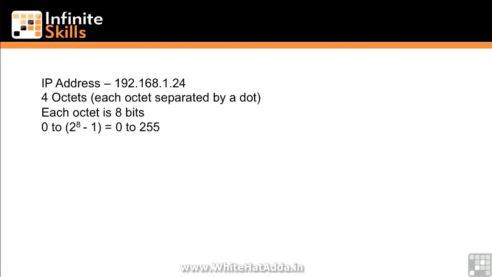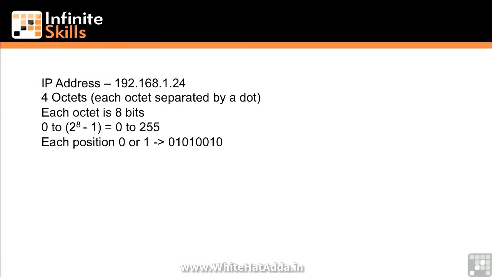So the 192 place, the first octet that you see, that number can be a value from 0 to 255 because that's what you can represent with 8 bits. Since 2 to the 8 is 256, and we have to start from 0, so the case where there are all zeros in the 8 bits, you can get values from 0 to 255 in each position, and that gives us 256 values.